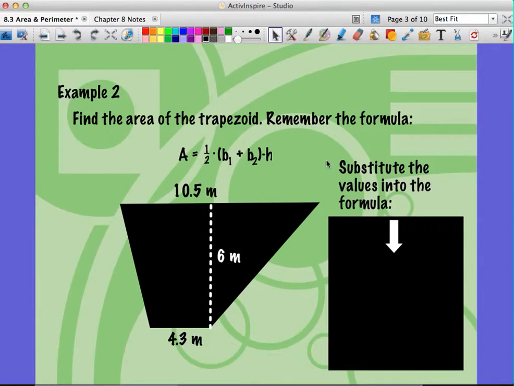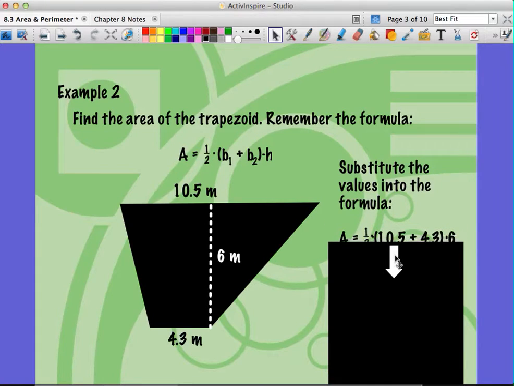Okay, so as an example, we're going to use the formula to help us find the area of this trapezoid. The first thing that we need to do is fill in our pieces. Our base 1 and base 2 are 10.5 meters and 4 3/10 meters. So I place 10.5 meters in for base 1, 4 3/10 meters for base 2, and my height again is the dotted line, which is 6 meters.